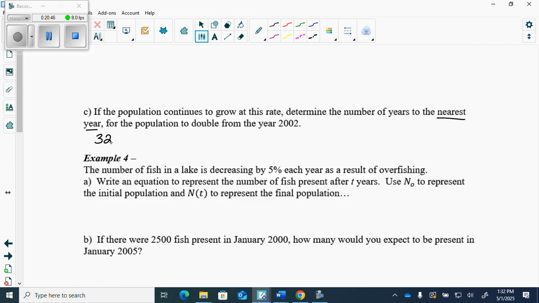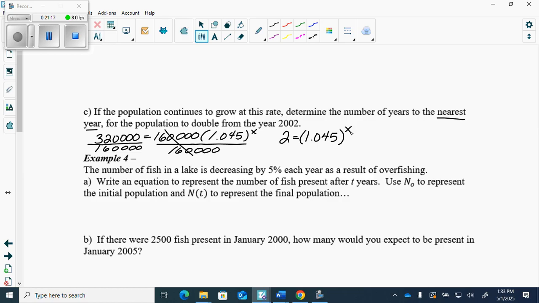So we go 320,000 equals 160,000 times 1.045 to the x. We know our initial and our final, so we always divide them out. And so we're going to get 2 equals 1.045 to the x.